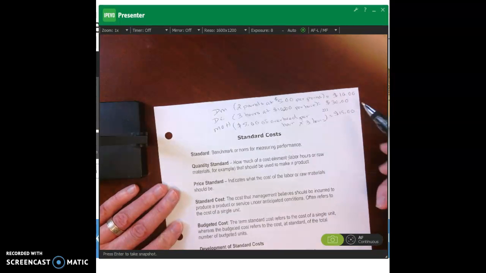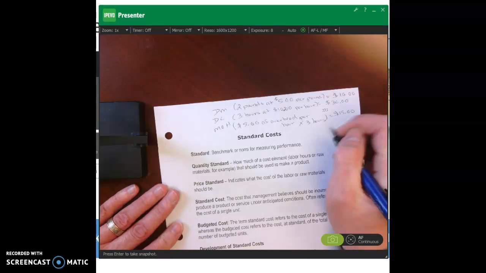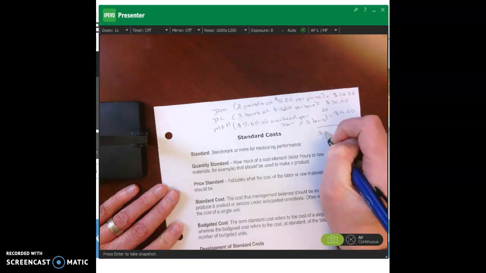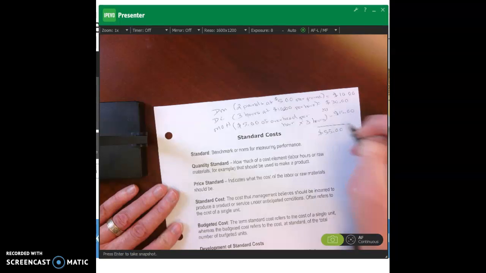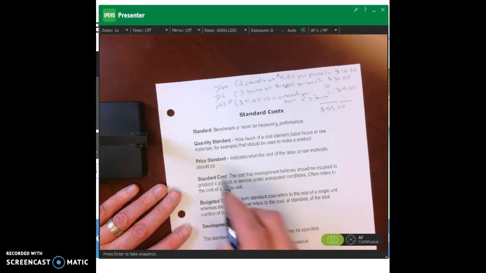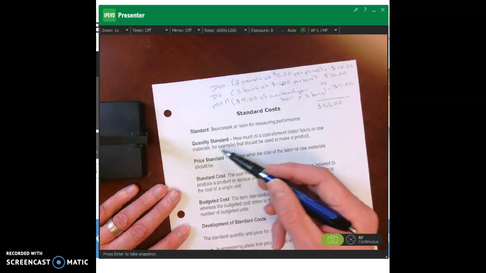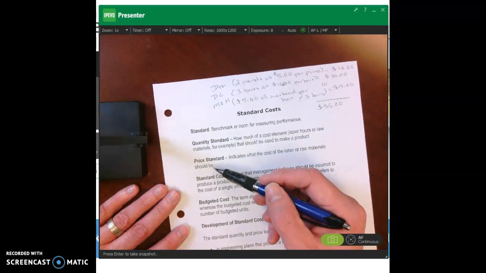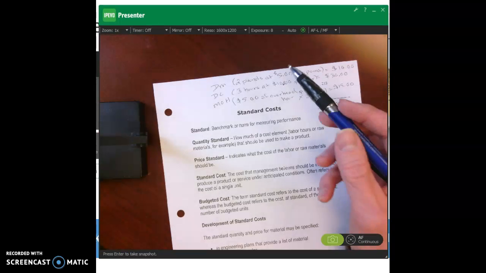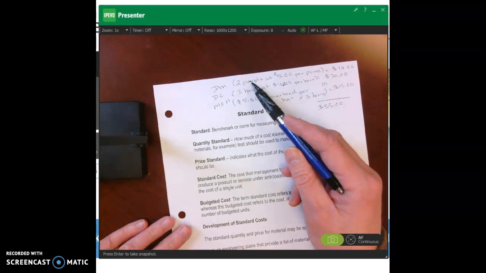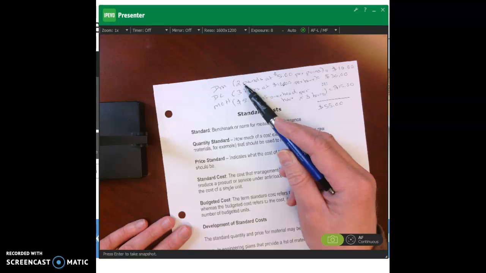And what I can do is add the 10 plus the 30 plus the 15, which means it should cost us $55 to make one unit. And that would be our standard cost right over here. And what I also have over here is a quantity standard and a price standard. Showing that in a little bit more detail, my quantity standard for materials is 2 pounds.